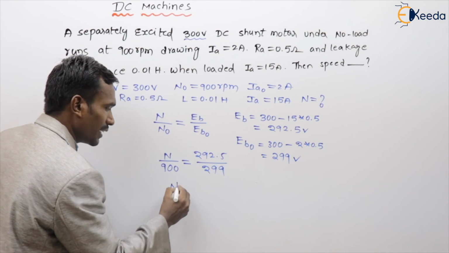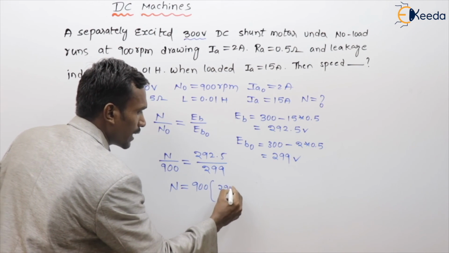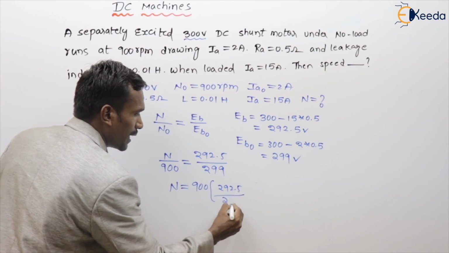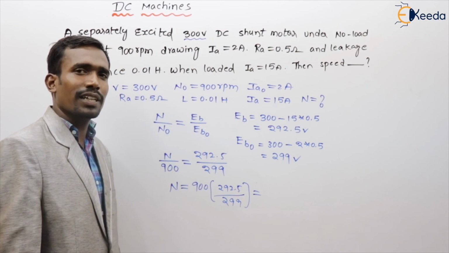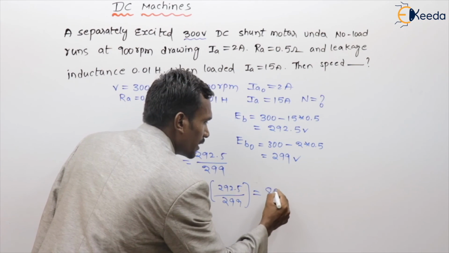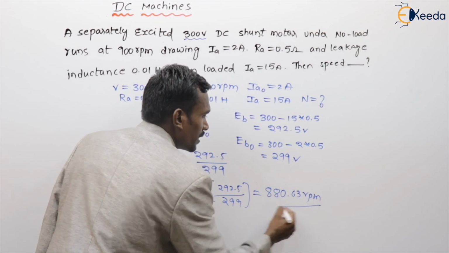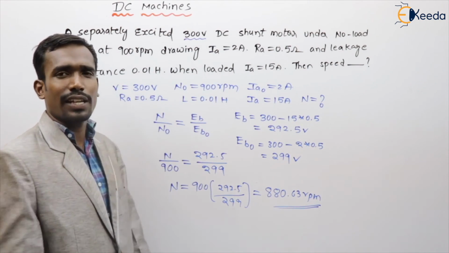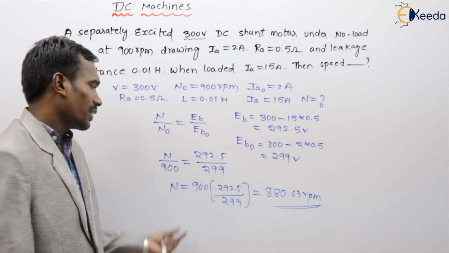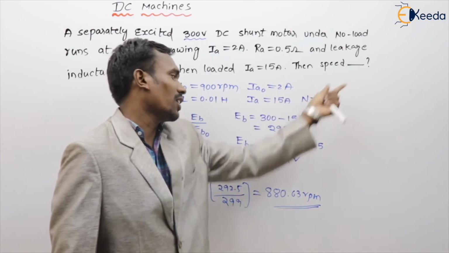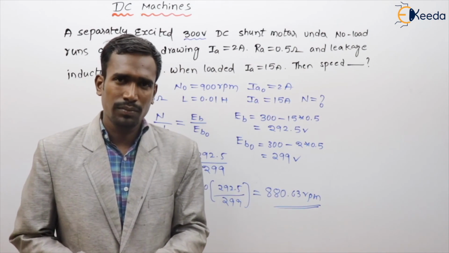If you calculate 900 into 292.5 divided by 299, it is around 880.63 RPM. This is finally our answer. At the loaded condition, the speed is 880.63 RPM. Right?